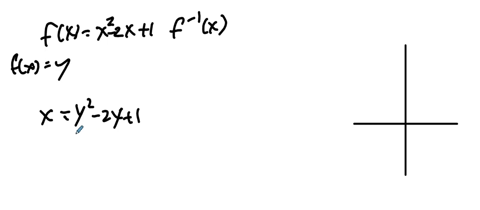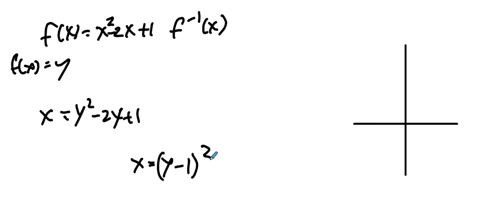So we have 1. 1 only has 1 and 1. But we can make them both negative, because two negative numbers multiply to a positive number, and those add to negative 2. So we have a perfect square on our hands. Specifically, x is equal to y minus 1 squared.